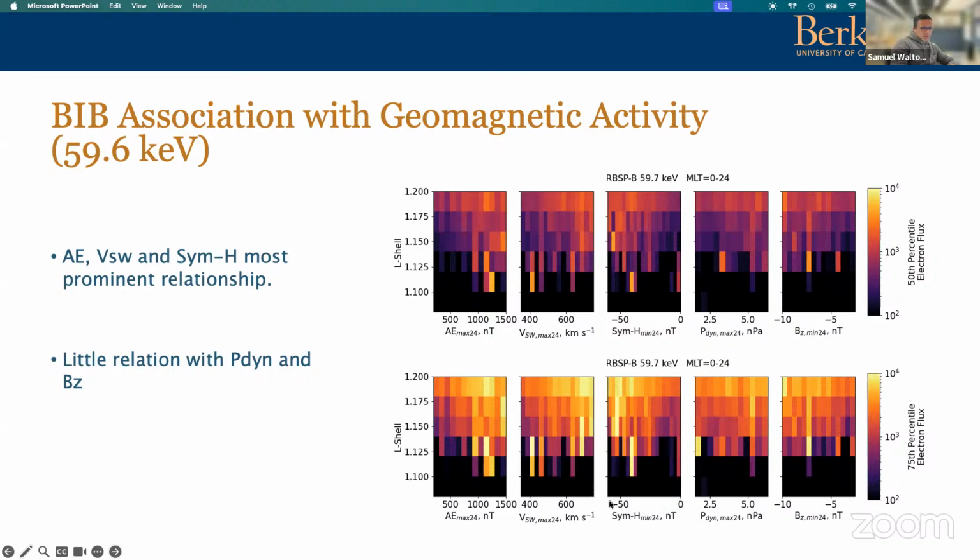We didn't go any lower than about -60 or -70, because that's when the statistics break down and there's not enough data there. But clearly, as you get to lower SYM-H, there's a higher chance of electrons being present below L of 1.2, and a higher chance that they'll get to lower L values. Dynamic pressure and Bz show not really much of a clear relationship, especially compared to these other three.